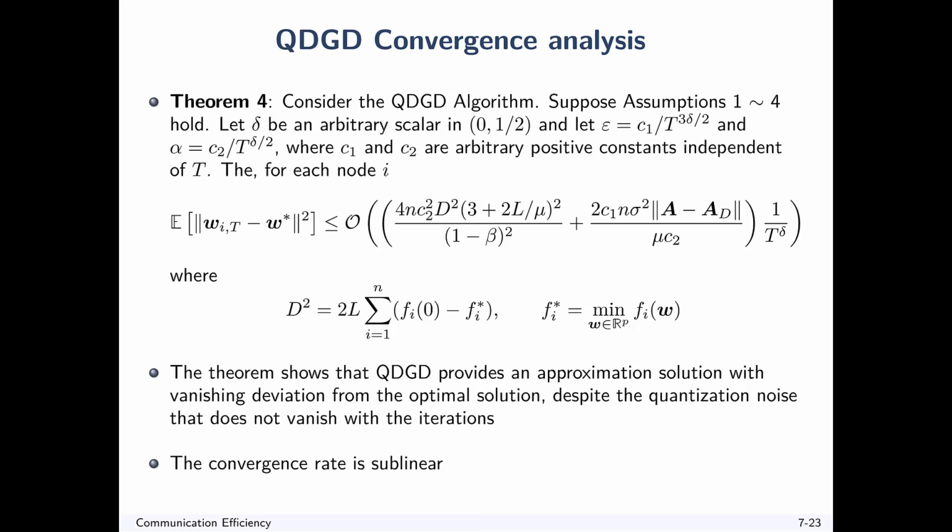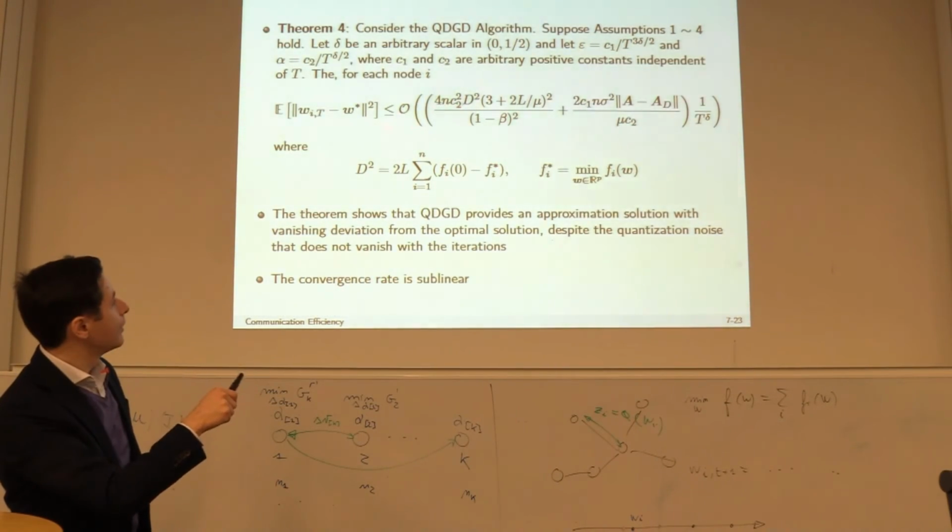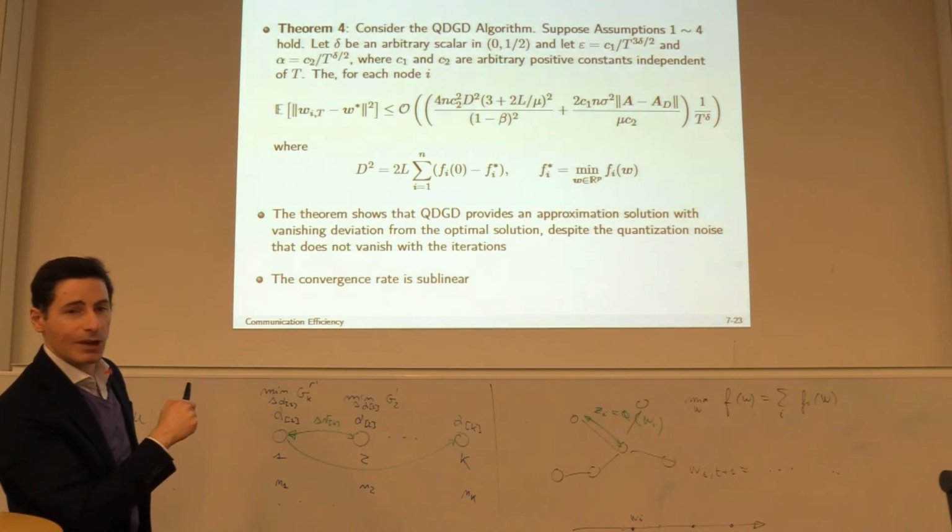But under this assumption, iterating in this manner the computation of the optimal solution, there exists a capital T, so that after T iterations, we will be as close to the optimal solution as this O of this term. This is the usual order notation that you could have seen in the previous lectures.